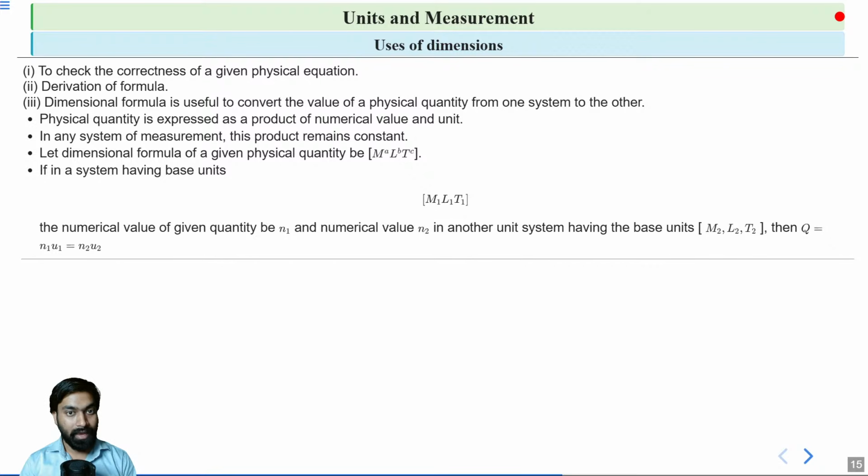If in a system having base units M1, L1, T1, the numerical value of given quantity be N1, and numerical value N2 in another system having base units M2, L2, T2, then Q equal to N1 U1 equal to N2 U2. So this formula is important.